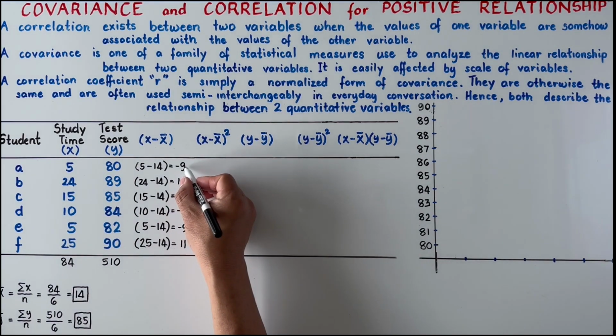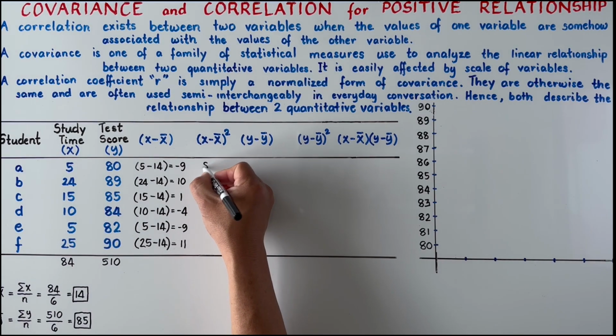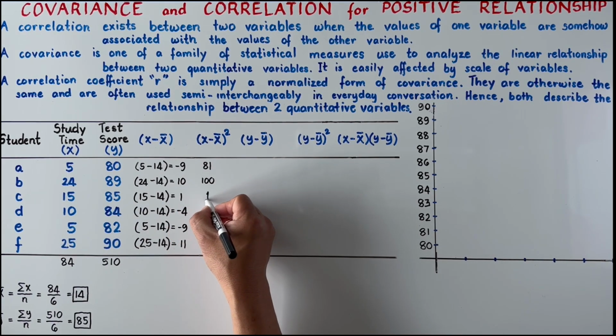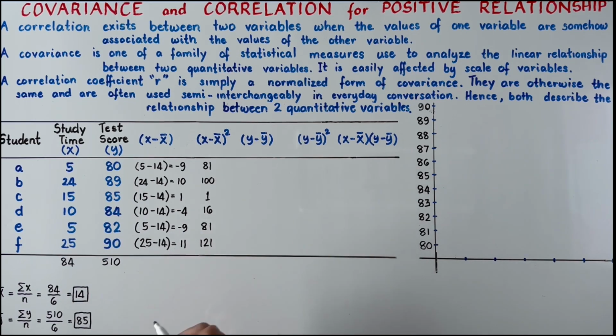Now we can square these differences from the mean. So the square of negative 9 is 81. The square of 10 is 100. The square of 1 is 1. The square of negative 4 is 16. And the square of negative 9 is 81. And the square of 11 is 121.